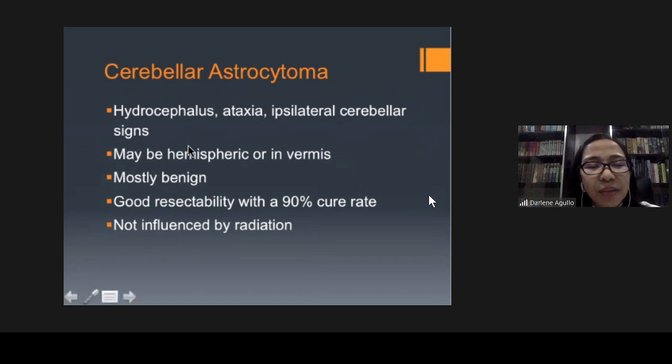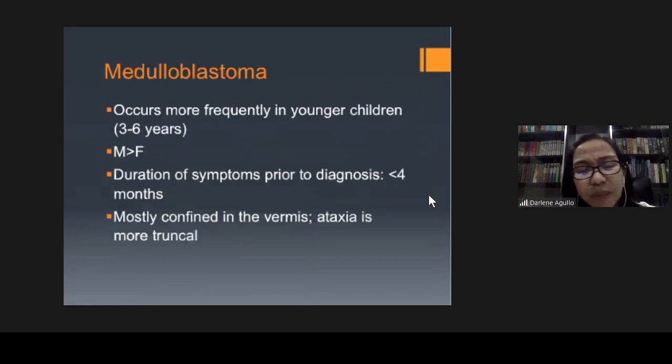The astrocytoma may be found in the cerebellar hemispheres or midline in the vermis, mostly benign, with good resectability with a 90% cure rate. So the tumor is not influenced by radiation. Actually, you don't do radiation therapy with cystic piloastrocytoma kasi natatanggal naman siya lahat.